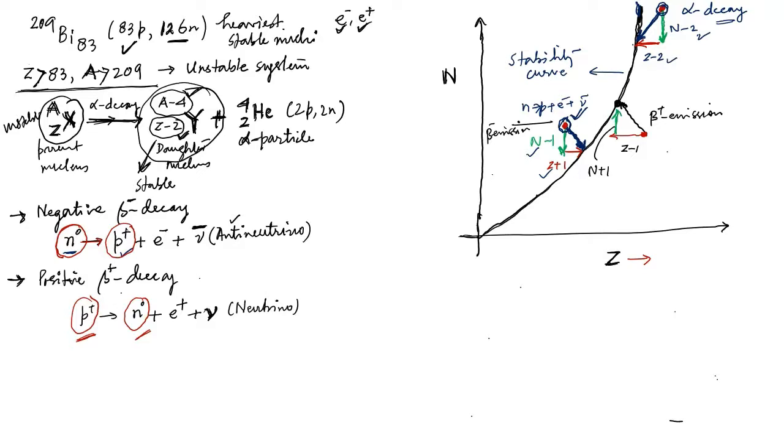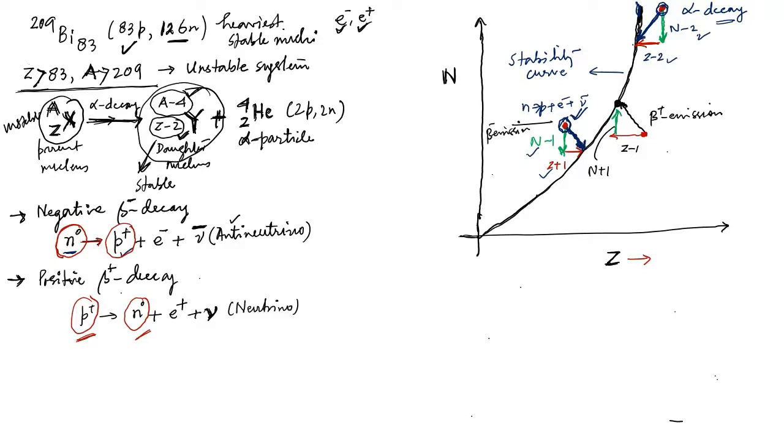The moment it is created in a certain reaction, it starts to decay via alpha decay, negative beta decay, or positive beta decay, and it tries to come through such decay processes towards the line of stability. So this is how we do this.